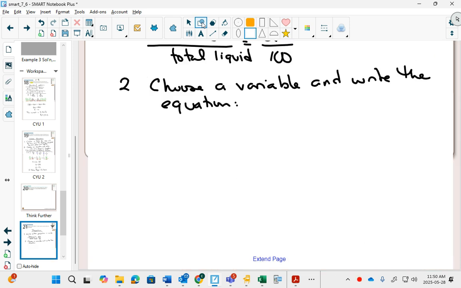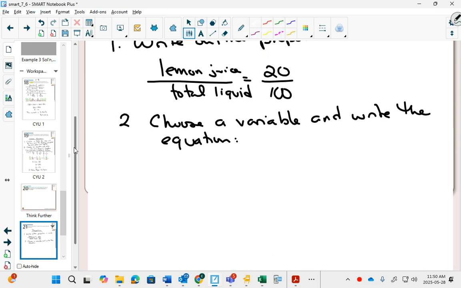Well, I don't know how much lemon juice I want to add. That's going to be my x. That's my lemon juice. But my total is not just 2 liters, because as soon as you add something to that, your total goes up. So the common mistake is students forget that the total liquid goes up when you add something to something else.